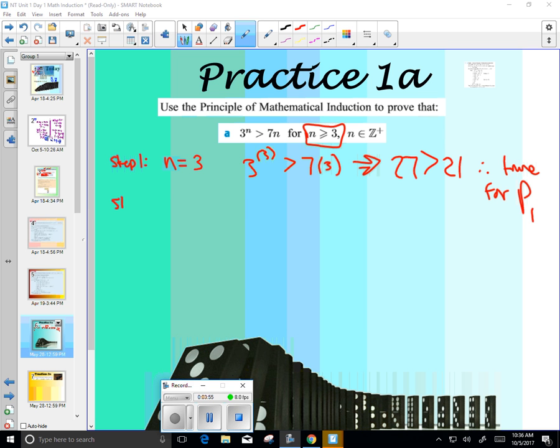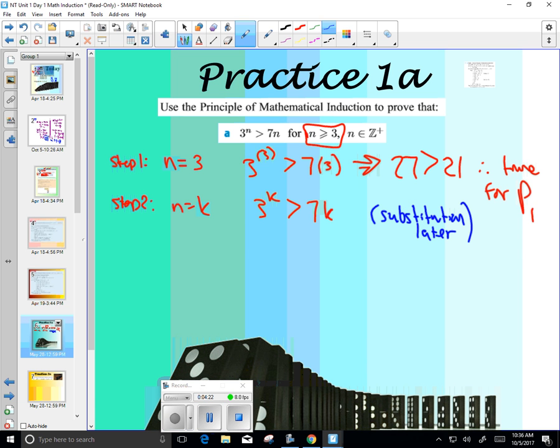For step 2, I like to write my establishing statement, n equal to k. It looks like a waste of time. And why would you just write this again with k instead of n? But this is going to be helpful as a substitution later. That's why we have it.